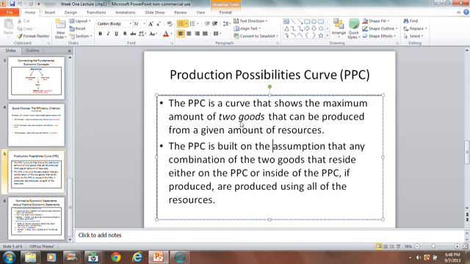So combinations on the curve or inside the curve, if chosen, will use all of society's resources. The assumption is giving those combinations the same input denominator.